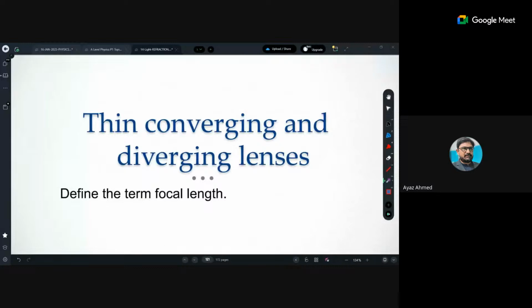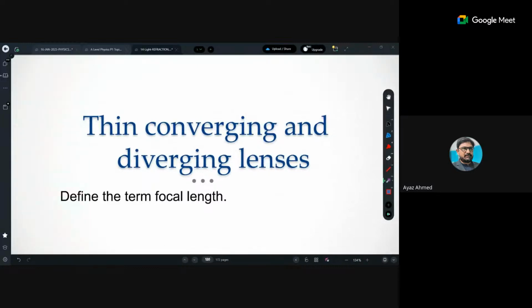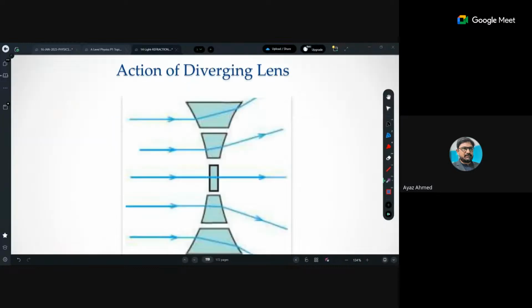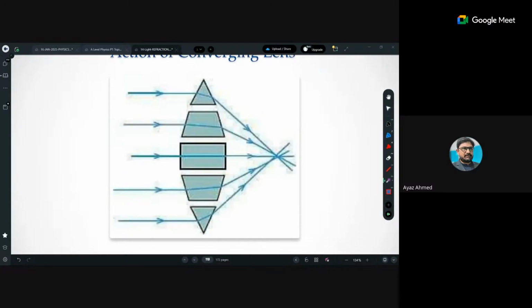Here are some terms which are required. And one more thing, this is the converging lens. If I ask you which lens would be converging, you have to write the lens through which the light converges at a single point.